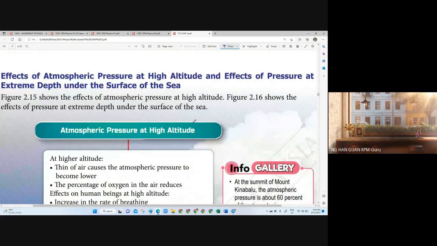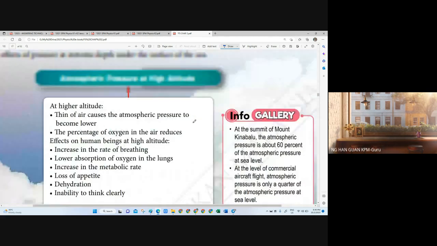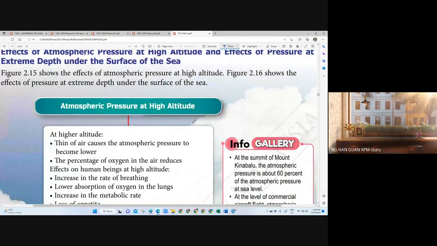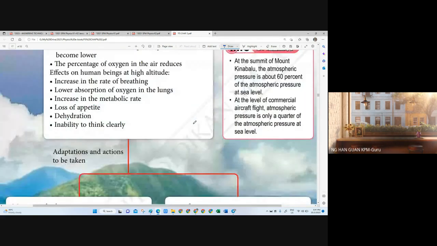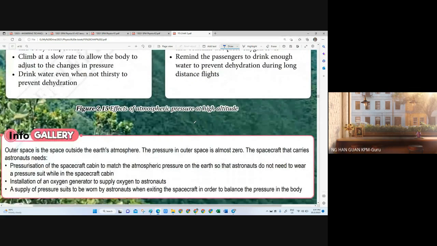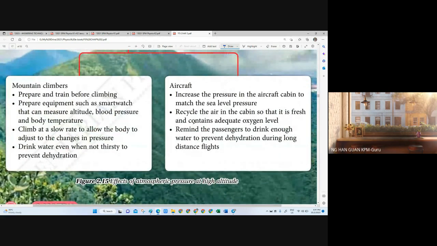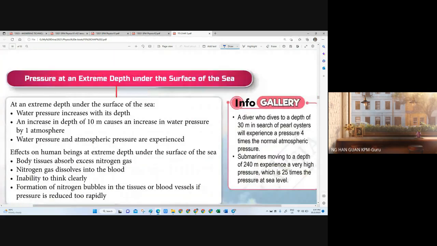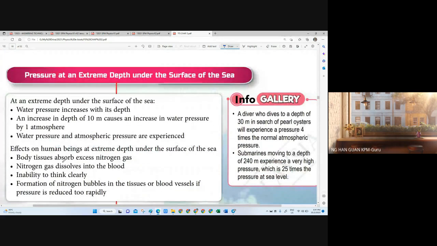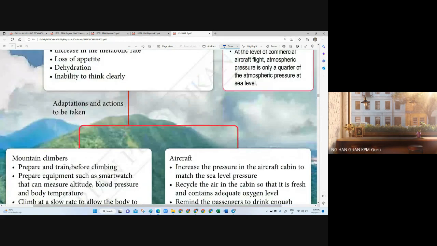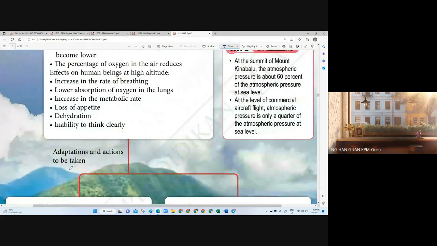Then you need to know some knowledge about the effects of high altitude with low atmospheric pressure, and also the effects of high pressure in deeper water. Under the sea is high pressure; at high altitude, like climbing a mountain, it will be lower atmospheric pressure.